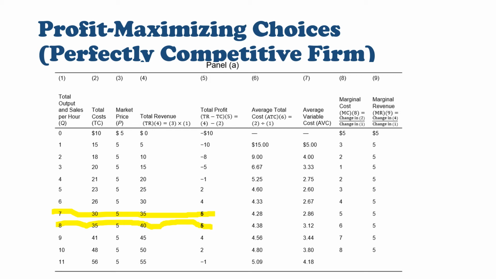In order to determine the profit maximizing number of output, we want to find where marginal revenue equals marginal cost. The place that marginal revenue equals marginal cost is at 7 units of output. So we want to produce 7 units of output.